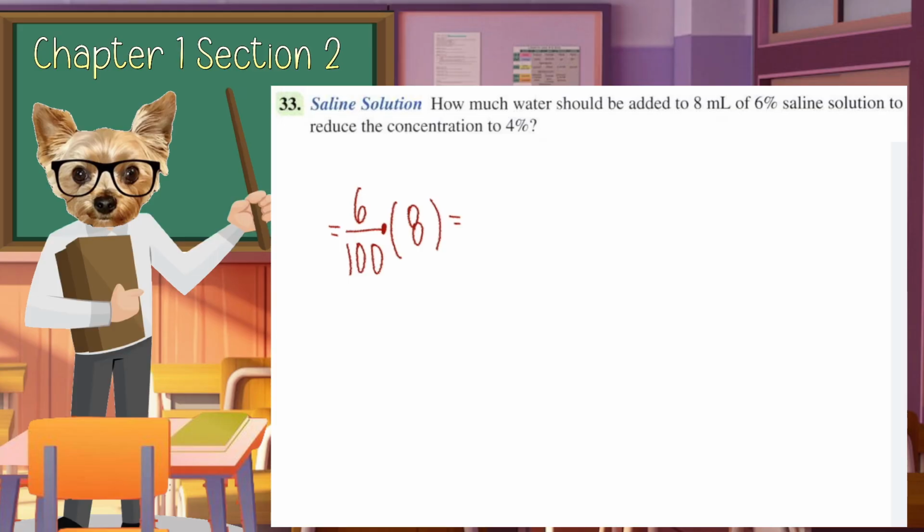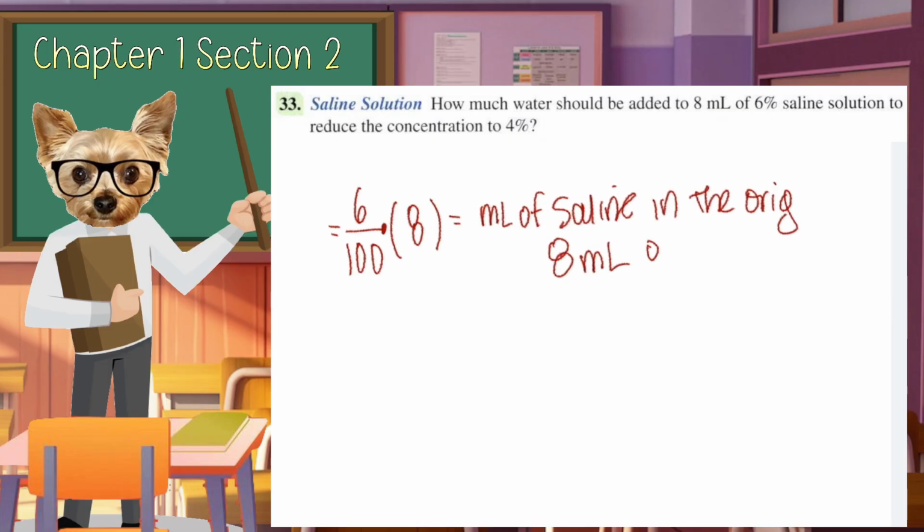So this is the milliliters of saline in the original 8 milliliters of solution. So I need to know how much that is, right? So 6% of 8 is going to be 0.48 milliliters, okay? That is the amount of saline in the original solution.